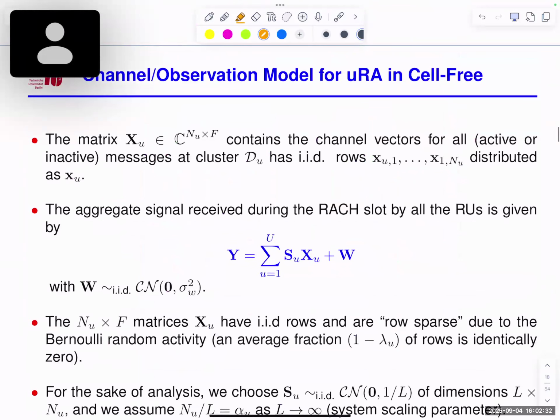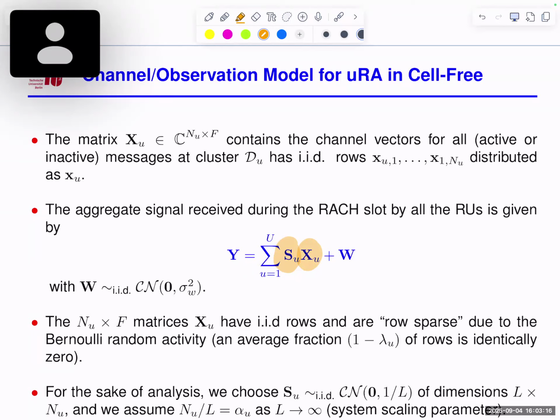Now we are going to model the received signal in the following way. We use u to index the clusters. For every cluster, we have a sub-codebook, and this X contains on the rows the channels, which may be 0 if the corresponding codeword is not transmitted, or non-zero with the statistics of that cluster, so Gaussian with that specific profile.